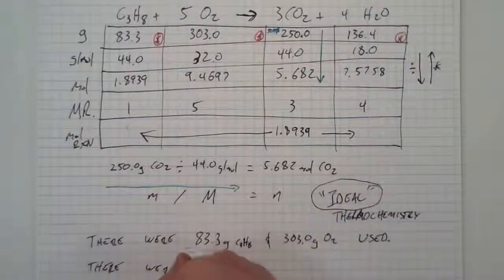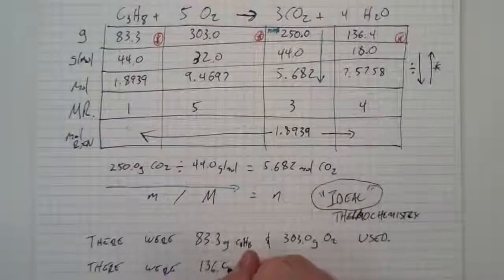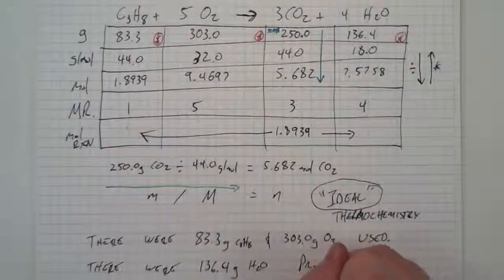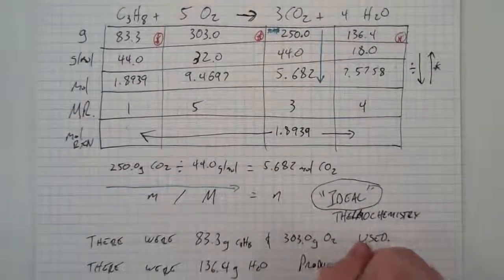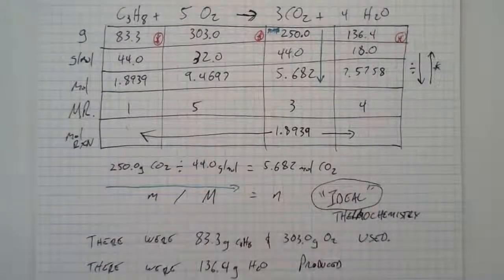There were 136.4 grams of H2O produced. So that's how you set up and use the Stoich chart. Thanks for watching.